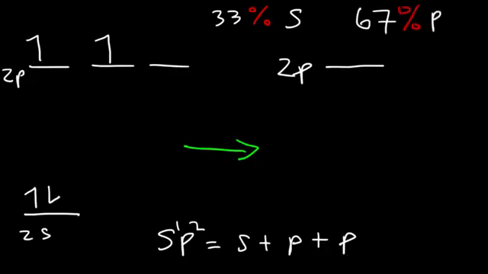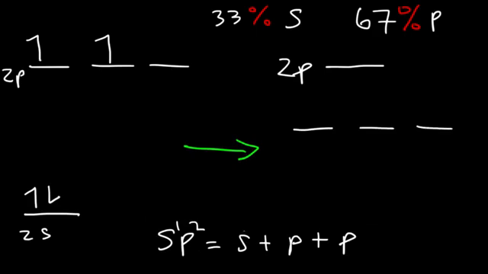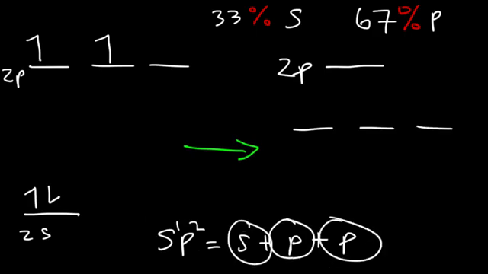So we still have more p character than s. So therefore, the sp2 hybrid orbital should still be closer to 2p than 2s. But it should be less than sp3. So these three orbitals will have the same energy. Since we use 3 orbitals to make them, we're going to get 3 hybrid orbitals.